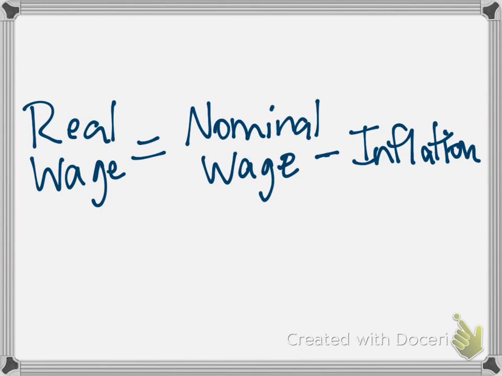And so again, that's why I said earlier, the real wage is defined as adjusted for inflation, because you can see here we're subtracting inflation out from the nominal wage to get the purchasing power of our dollars. And so this is why inflation kind of creates some arbitrary winners and losers.